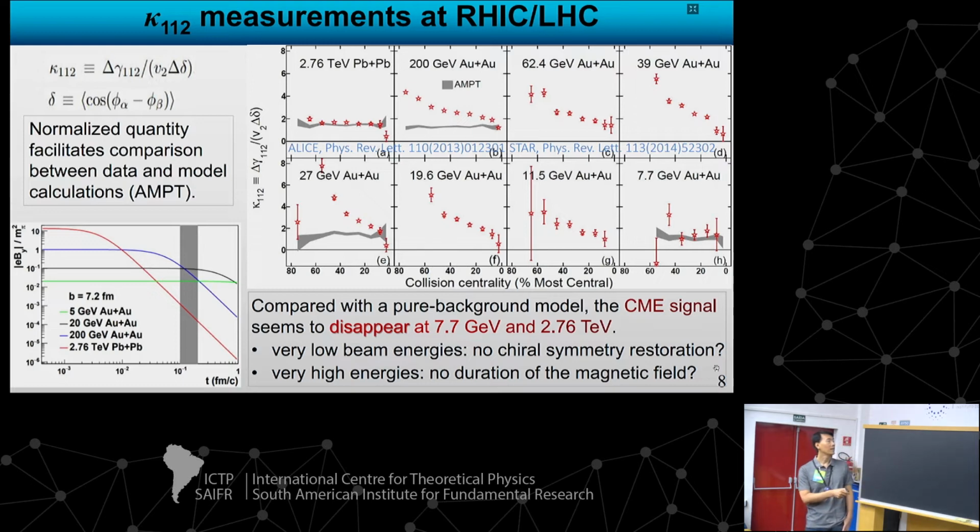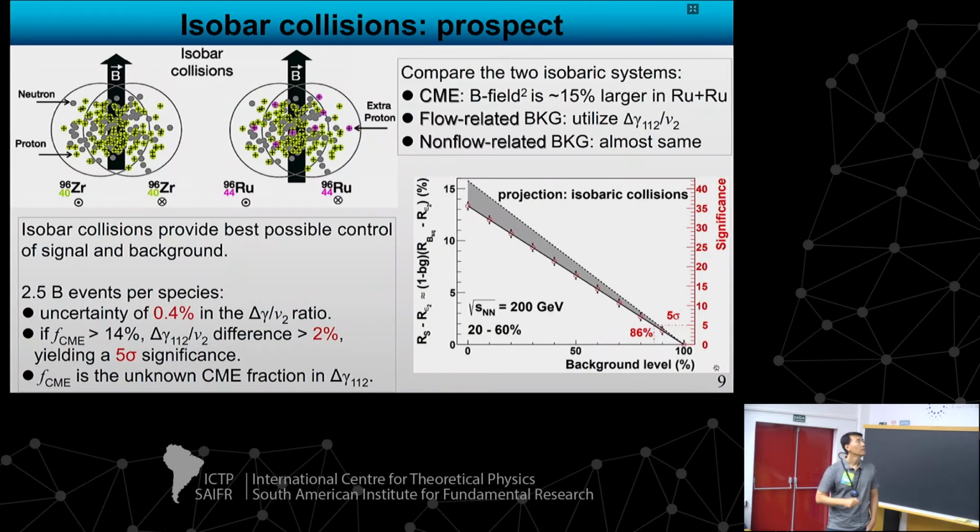So this can explain why we do not see this, and also, in the previous talk, why they should not see this. Then how can we control the background? At least a few years ago, we thought the ideal case is the isobar. And by isobar, we mean zirconium-96 and ruthenium-96.